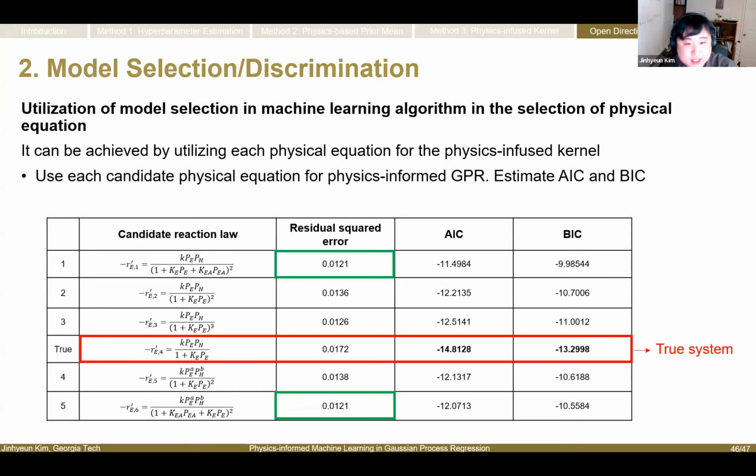In probabilistic modeling, we choose the model which produces the lowest AIC and BIC. We found that the physics-infused kernel with the true equation produces the lowest AIC and BIC value, which can discover the true system, true dynamics, true equation for the system.